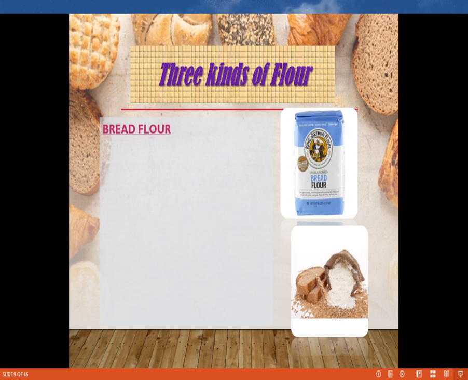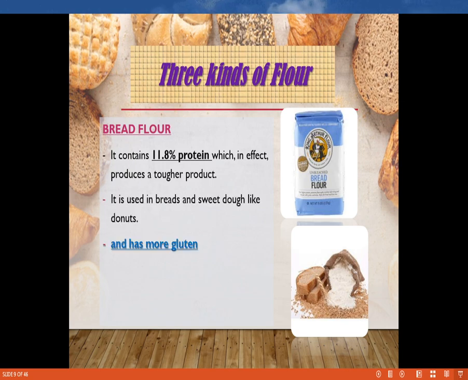Three kinds of flour. Number one is bread flour. It has the highest amount of protein, about 11.8 to 12%, thus has the strongest gluten strength. This flour is used for breads.